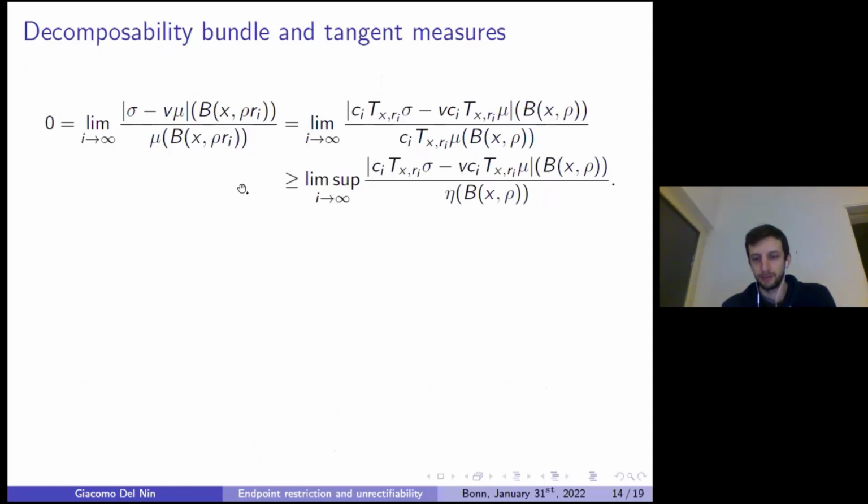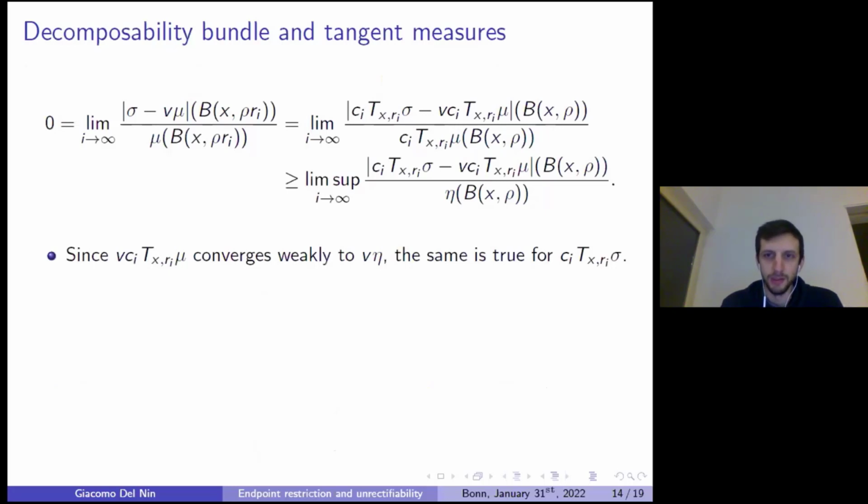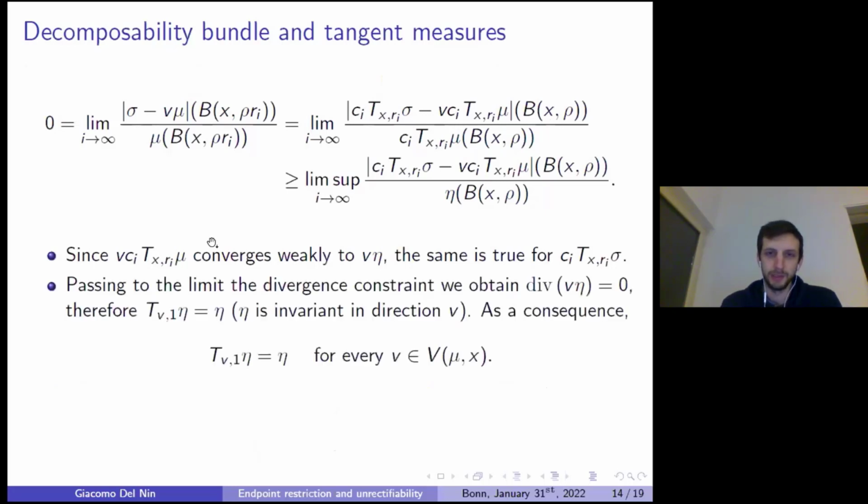I'll skip the details, but we obtain that essentially the tangent measure eta multiplied by the constant vector v has divergence 0. Now this means essentially that eta is invariant in direction v.